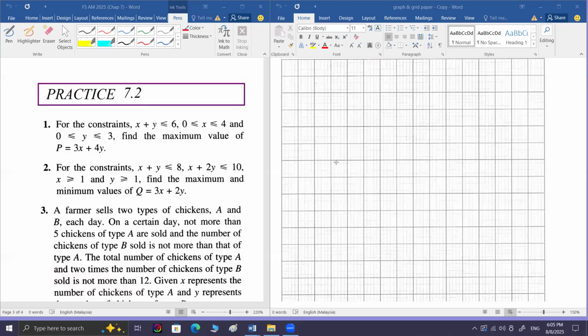Okay, y until, okay, I think I draw until 6. Let's wait, let me see. Okay, so wait. For y-axis, you get 6.